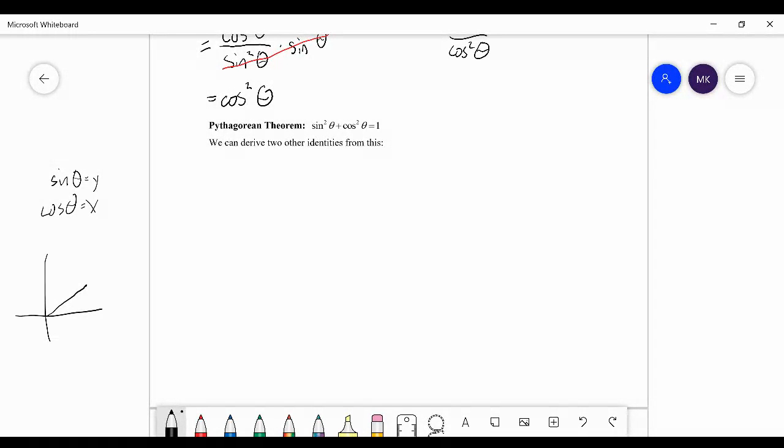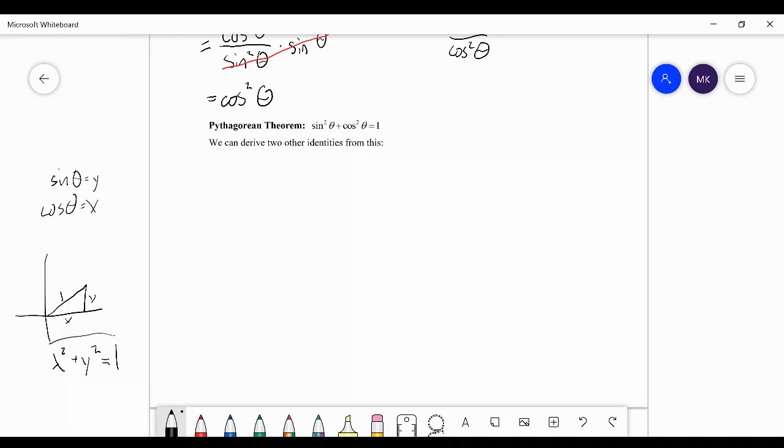If we have some angle here, right, there's our x value or y value in the unit circle, and that's 1, right? Using the Pythagorean theorem with triangles, that says that a squared plus b squared equals c squared. In this case, we have x, y, and 1, so we get that x squared plus y squared equals 1.